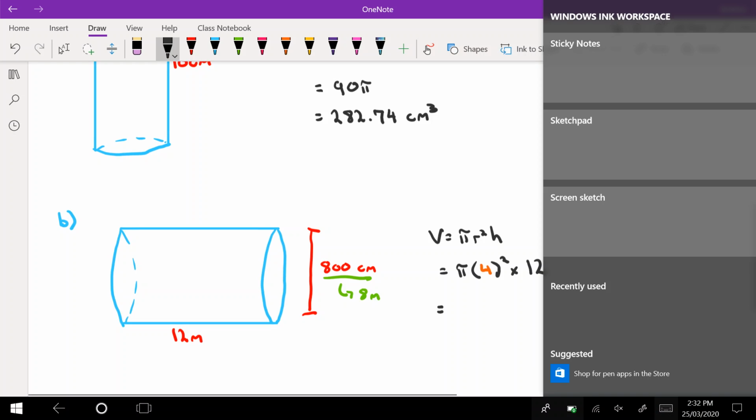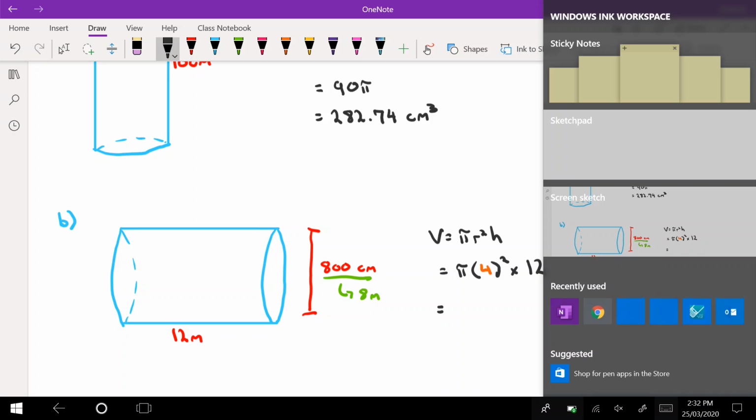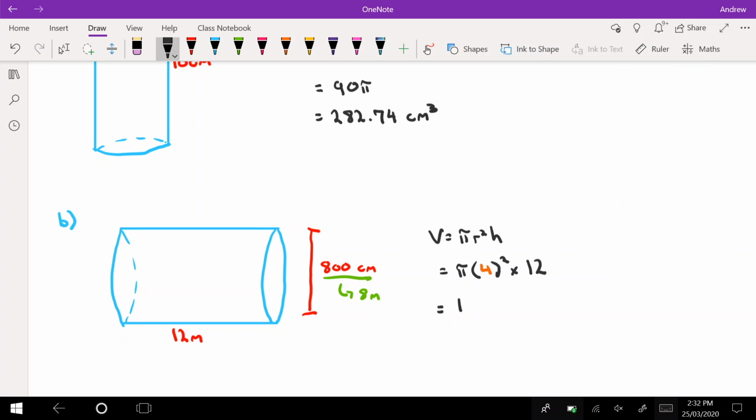So now we've got 16 times 12, that's 192, times pi, which will be close to 570 something.